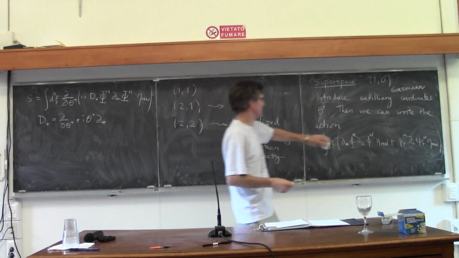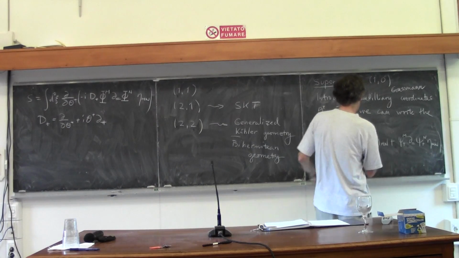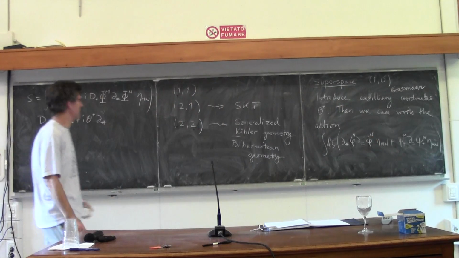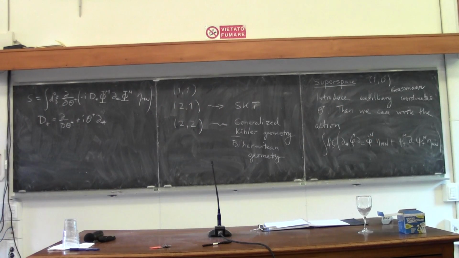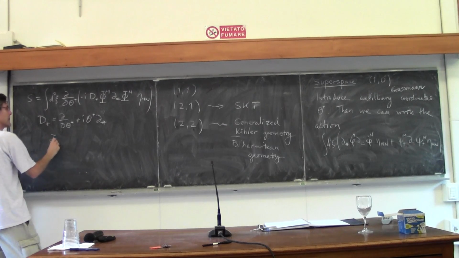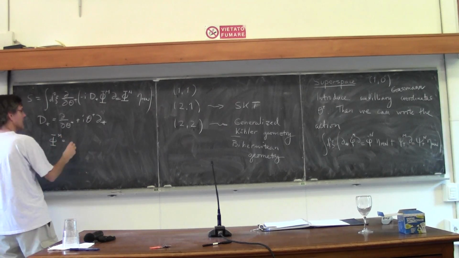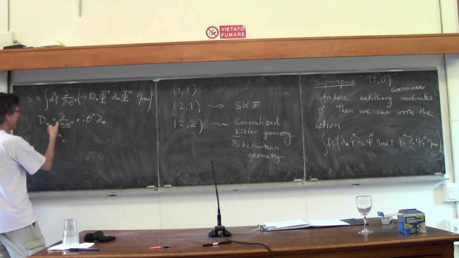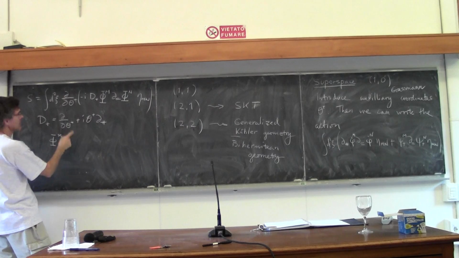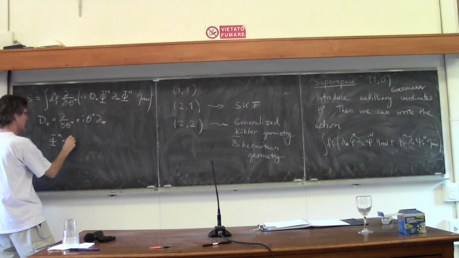Maybe I should change this to make it really explicit. So this is a small phi. So this capital phi now is a function of this additional coordinate as well as the one-sheet coordinates.